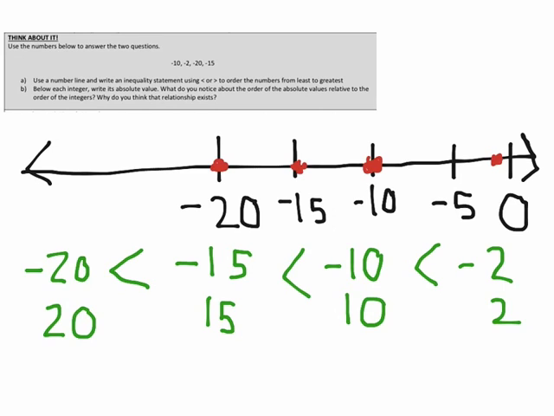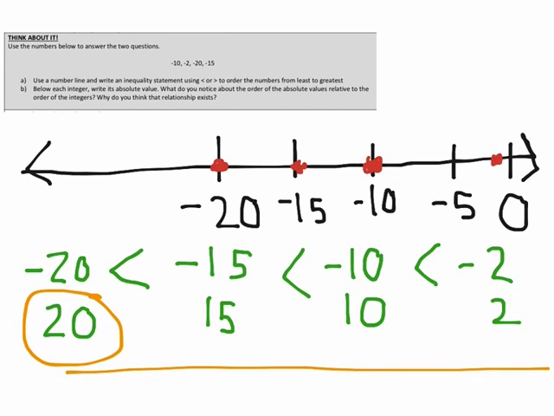So as you can see, when we convert these numbers into absolute value, our order of our absolute values are actually going from greatest to least, because we know that 20, positive 20, is our largest number out of all of these absolute values.